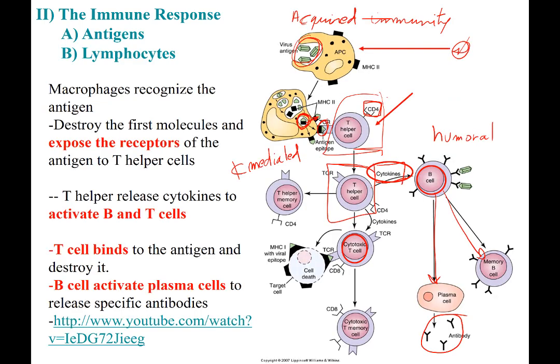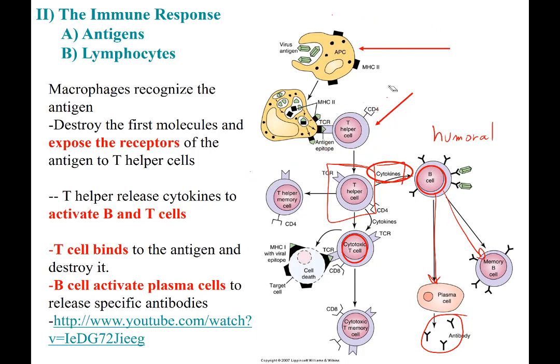So let's just go back to here. This is a little bit crowded now, but let's just focus on the top here. There's something I didn't mention yet. How are those APC cells going to be able to recognize those viruses and those epitopes and produce these epitopes? It's the MHC system, and we've talked about this MHC system also here.